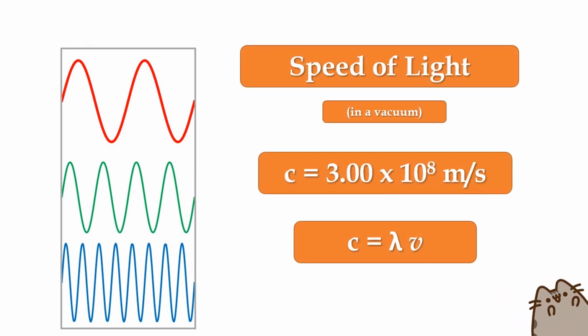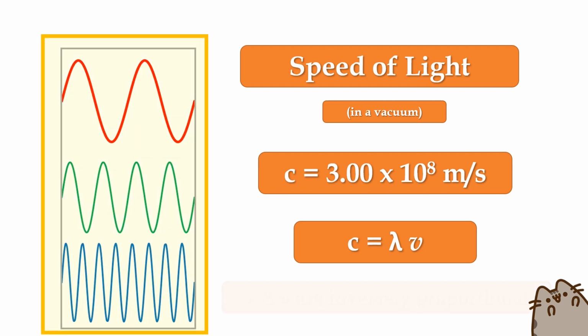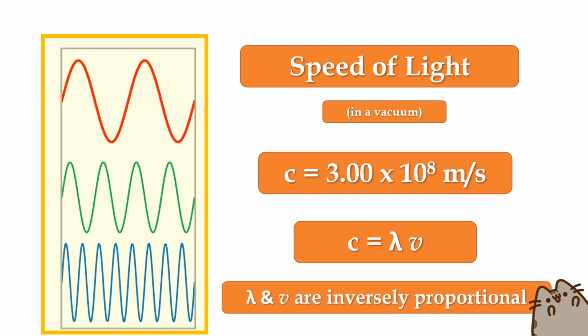Electromagnetic radiation also has a velocity or speed of light in a vacuum, which is 3.00 times 10 raised to the 8 meters per second, and is equal to the wavelength times the frequency. From the equation and the examples, the wavelength and the frequency are inversely proportional. When one increases, the other decreases.